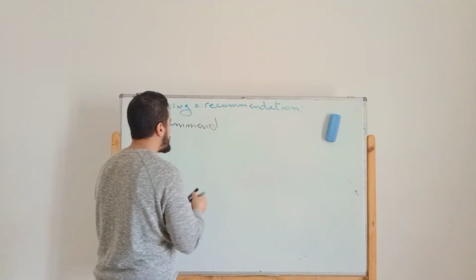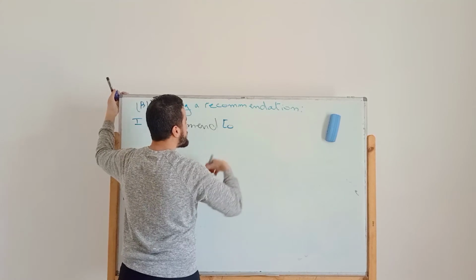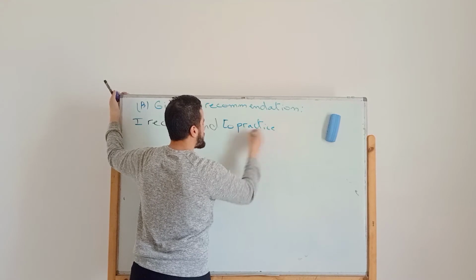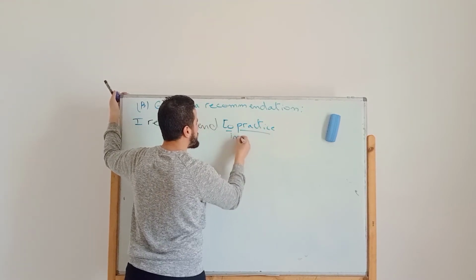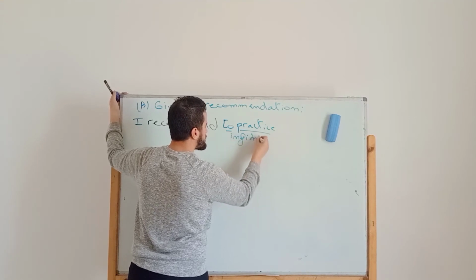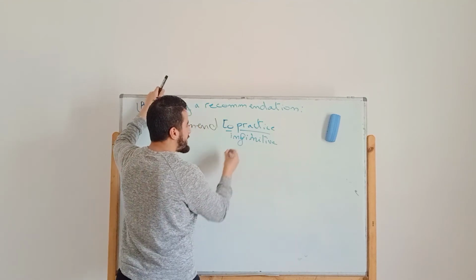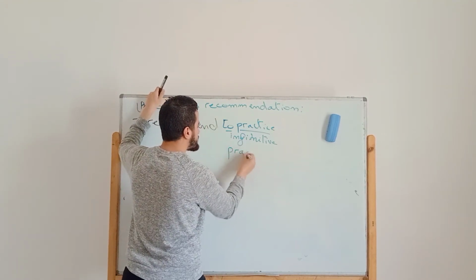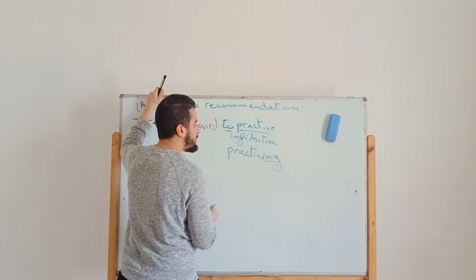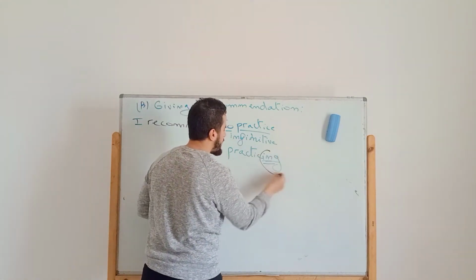So I recommend to, so you should add the infinitive, to practice, this is an infinitive verb, or you can say practicing. So verb plus ing.